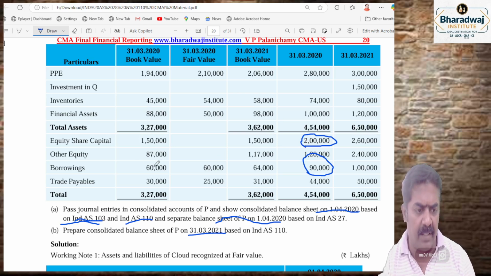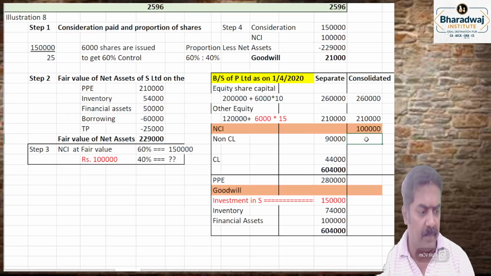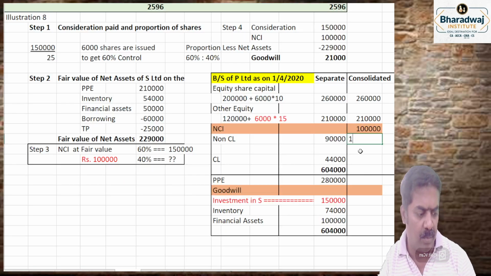Look at borrowings: 60,000 plus 90,000, how much? 1,50,000.